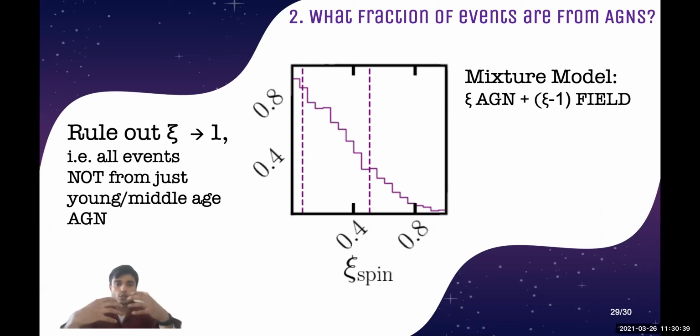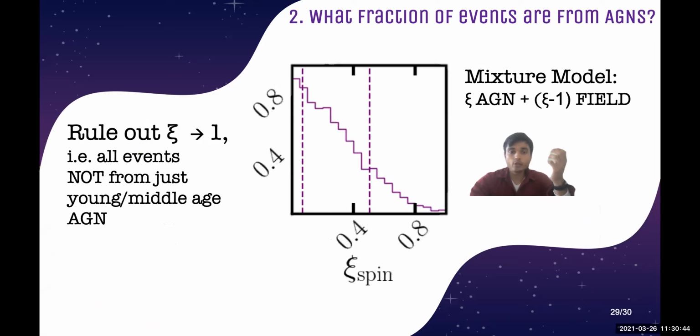Finally, we can also try to look at what fraction of events come from AGNs. We can use a mixture model to do this. We have a model for AGNs and a model for field binaries, and a Xi parameter, which tells us how many events we expect to come from AGNs and how many from the field.